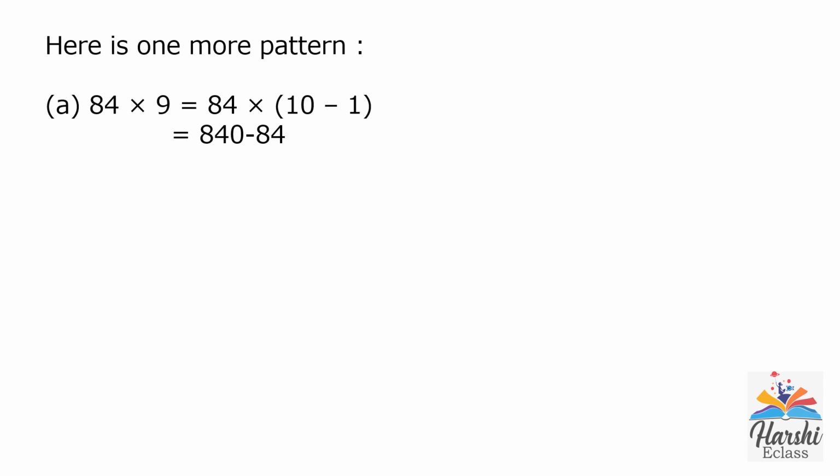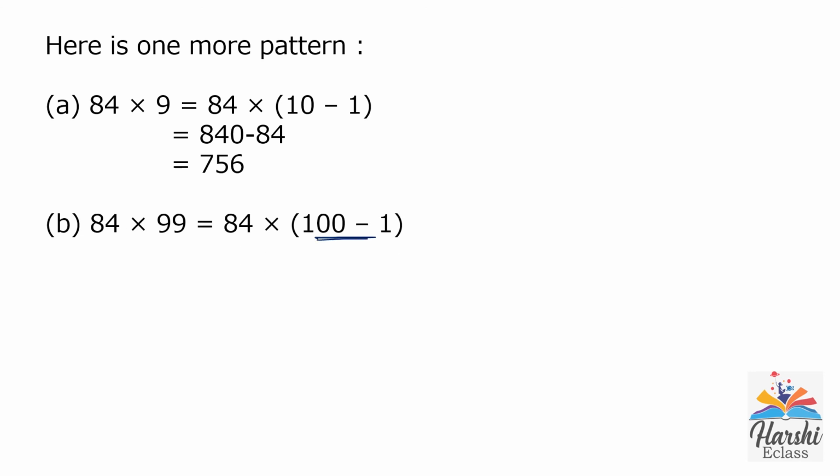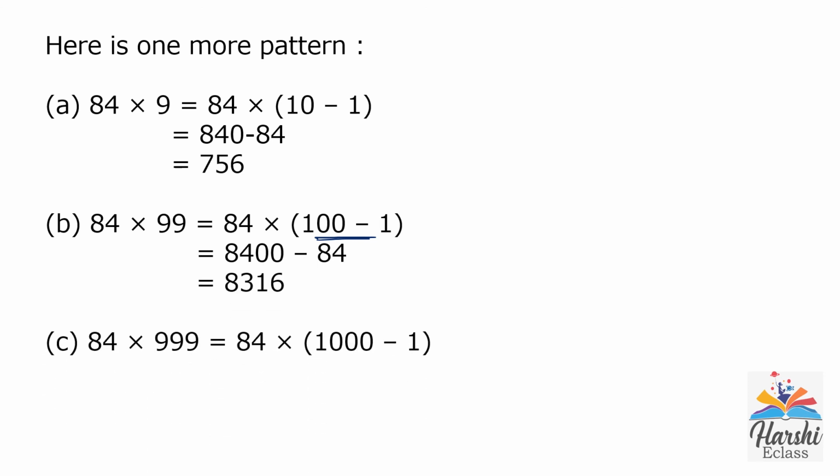Do the subtraction. 840 minus 84 is equal to 756. Next, multiplication with 99. 99 we can write as 100 minus 1. 84 hundreds are 8400 minus 84, that is 8316.